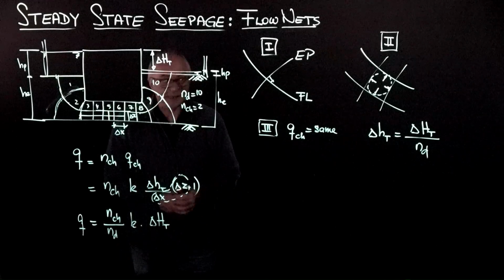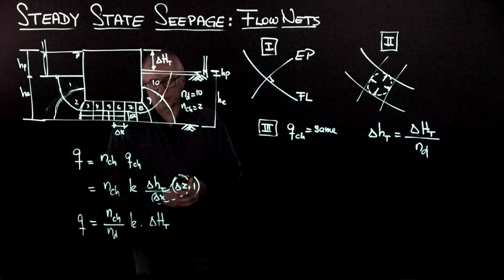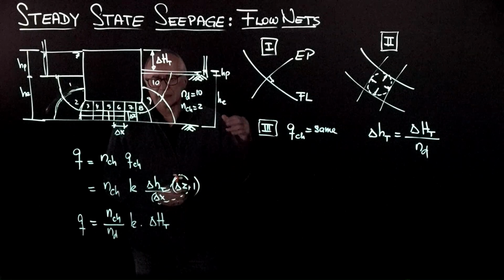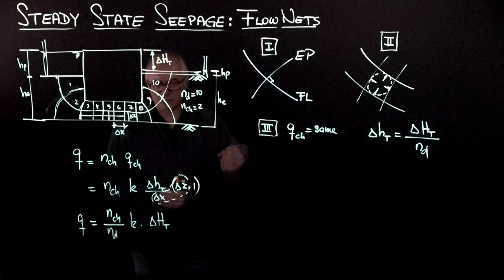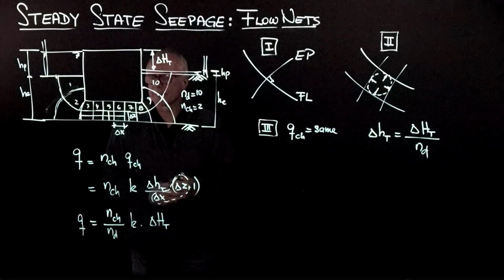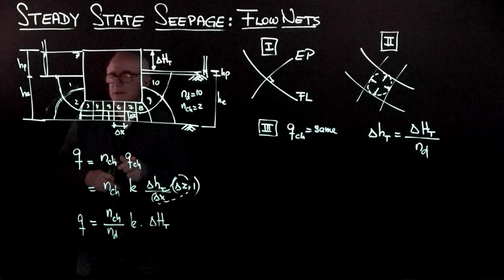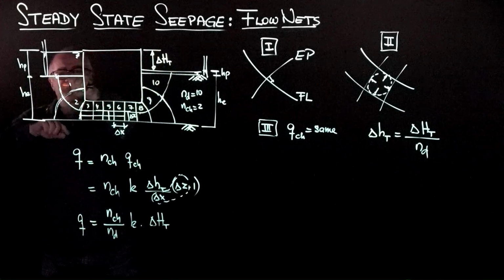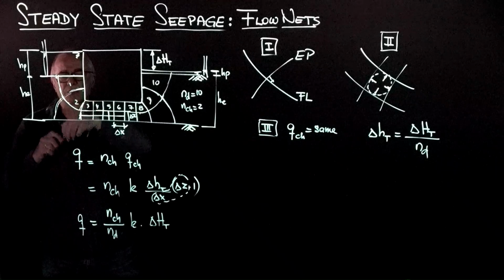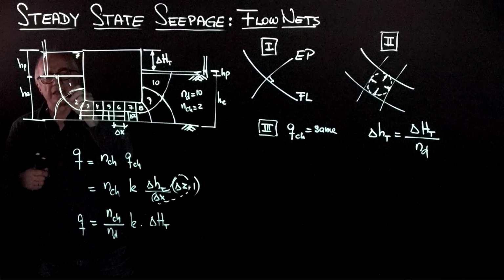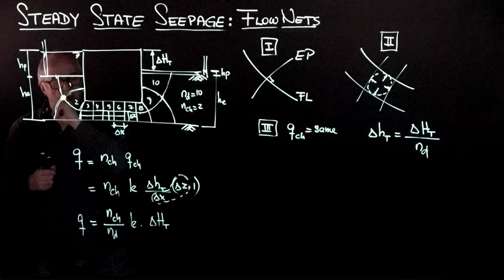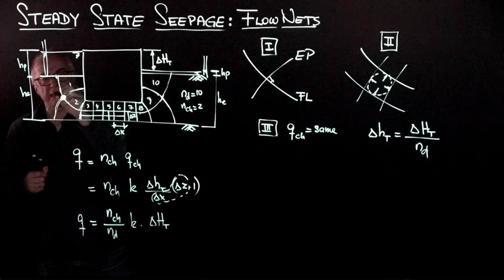The final analysis that we are going to do is from the point of view of determining the pore pressure for effective stress for strength. If you would like to determine the pore pressure anywhere, well, you know the total energy, you know how much energy you lost across one drop, so the pore pressure at this point will be equal to the total energy at that point.